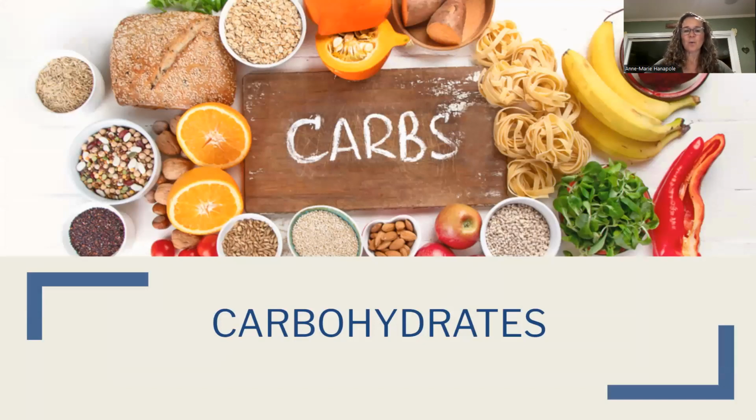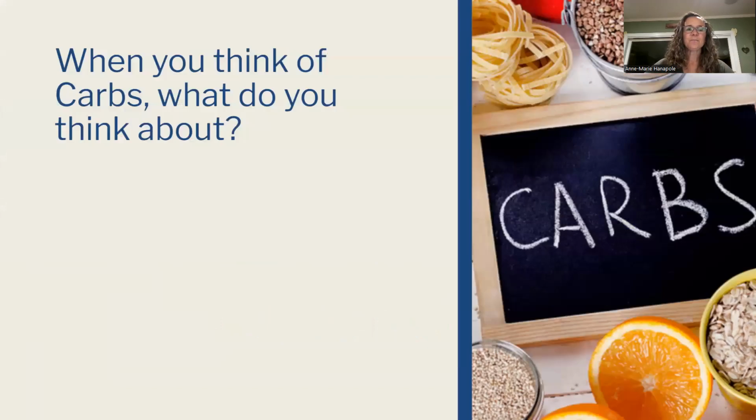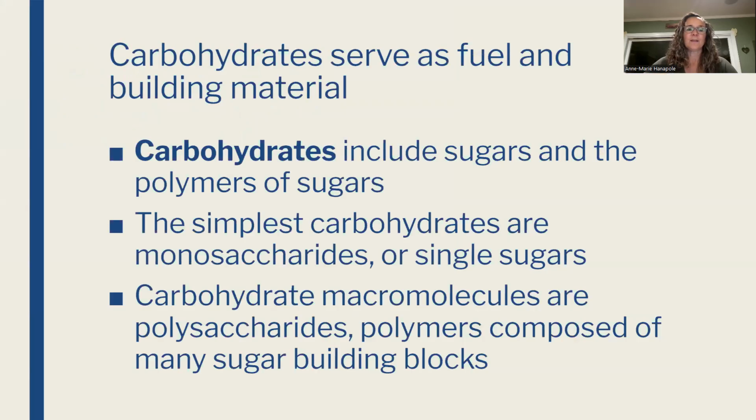So if we start with carbohydrates first, think about what comes to mind when you think about carbs. Take a minute to just think about what's the first thing that comes to mind. Most people think of spaghetti or rice, bread. Those are your typical carbohydrates.